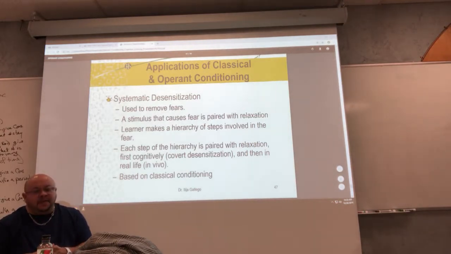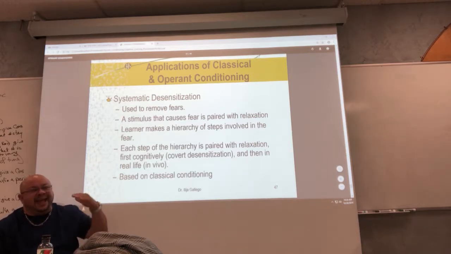So then you teach them how to relax. You teach them all these techniques to keep themselves calm. And at first you go through this hierarchy of situations with a cat, exposure to a cat, little by little, in their mind, which is called covert desensitization.